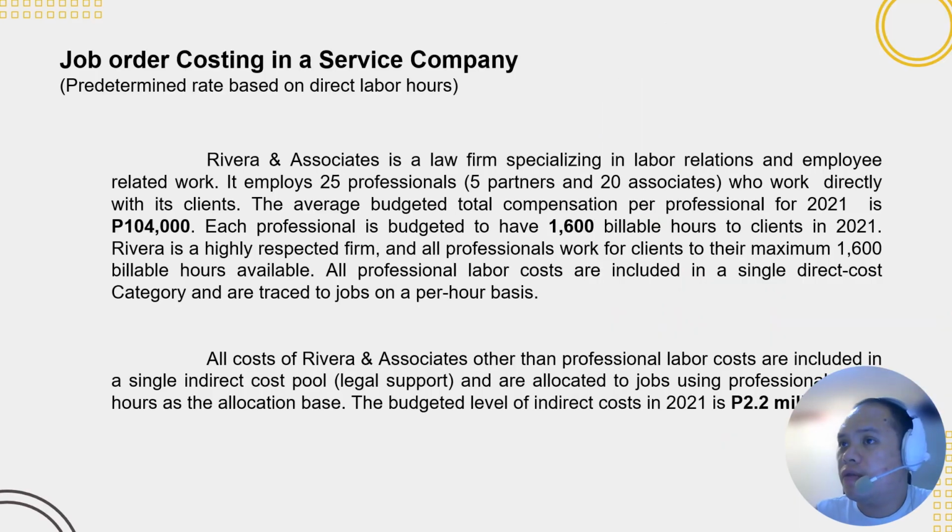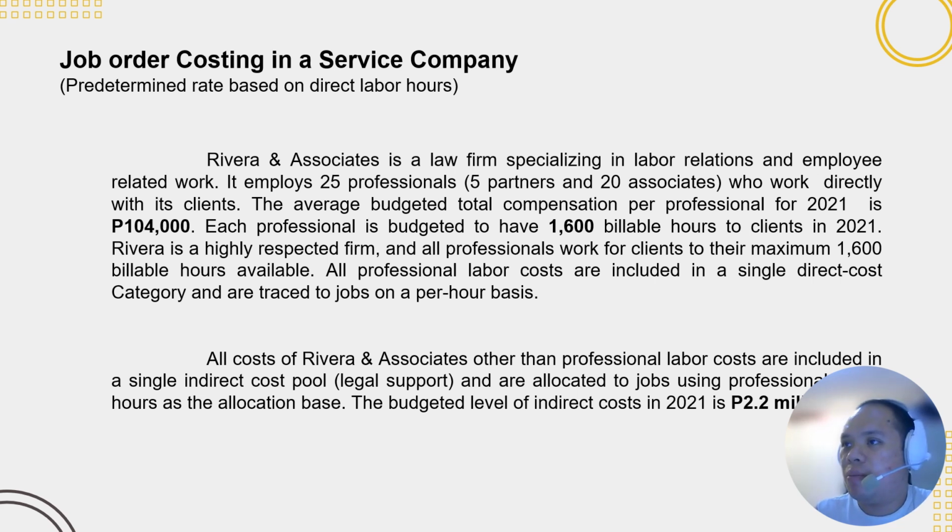Say for example, in this example, software costing in a service company. Basically, there's no product that can be sold, but rather service. Rivera Associates is a law firm specializing in labor relations and employer-related work. It employs 25 professionals: 5 partners and 20 associates who work directly with its clients.